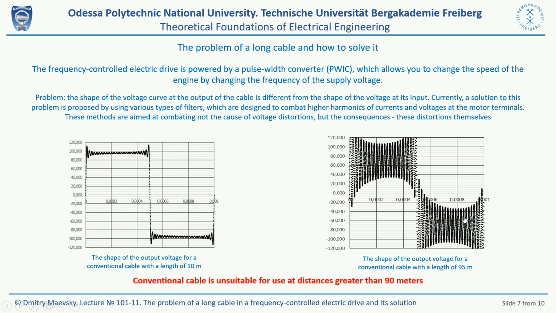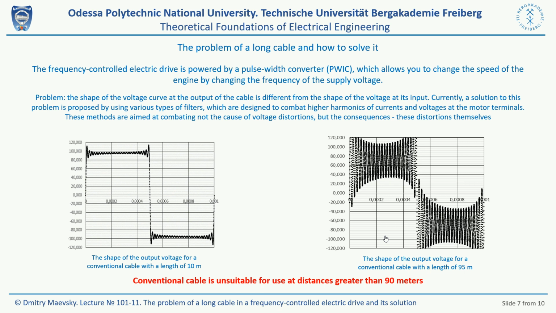Thus, if you connect the frequency converter and motor with a conventional cable, then the motor located 10 meters from the converter will work normally, and at a distance of 90 meters it will not work correctly at all.